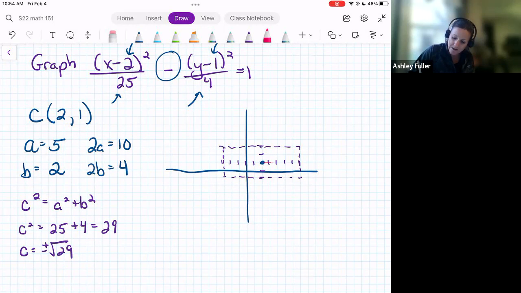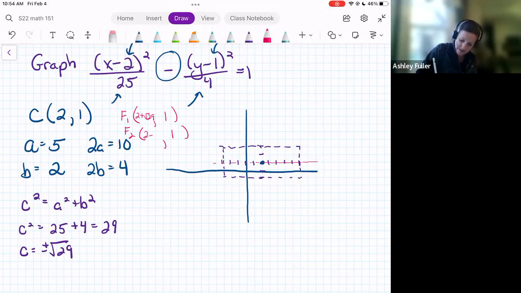Notice these foci are going to travel along this line, so their y value is going to stay the same. I'm going to label them as foci 1 and foci 2. But that y value is going to stay at 1. They're moving horizontally, and our x value is just going to be the center plus the square root of 29 and the center minus the square root of 29.